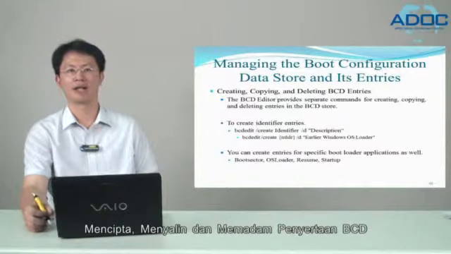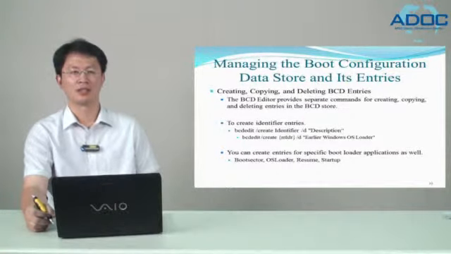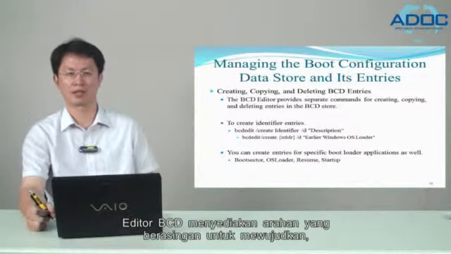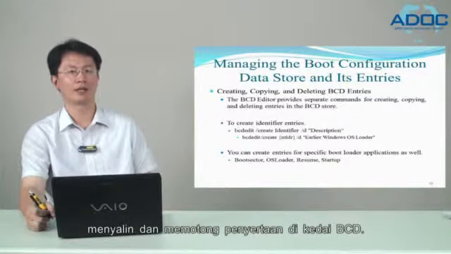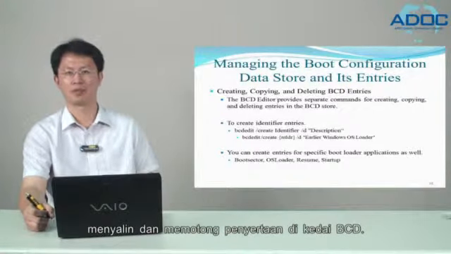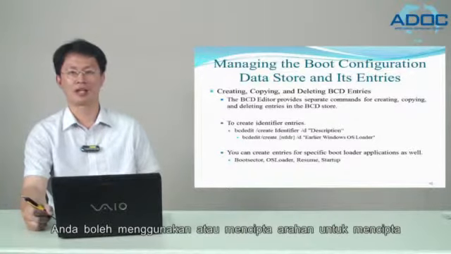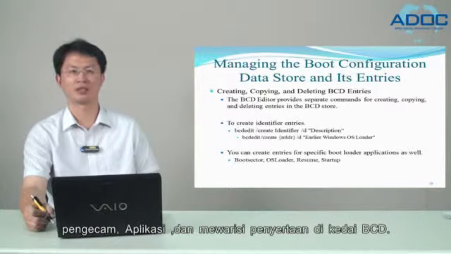Creating, copying, and deleting BCD entries. The BCD editor provides separate commands for creating, copying, and deleting entries in the BCD store. You can use the /create command to create identifier, application, and inherit entries in the BCD store.